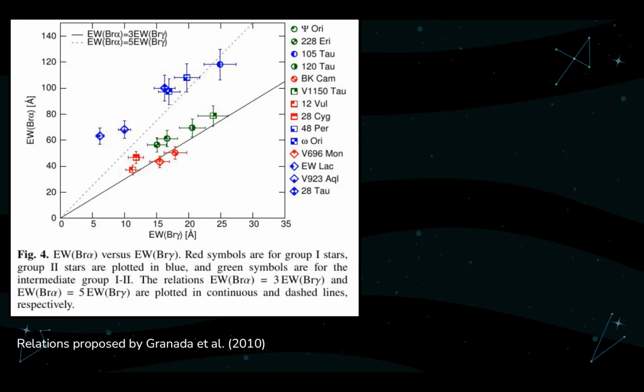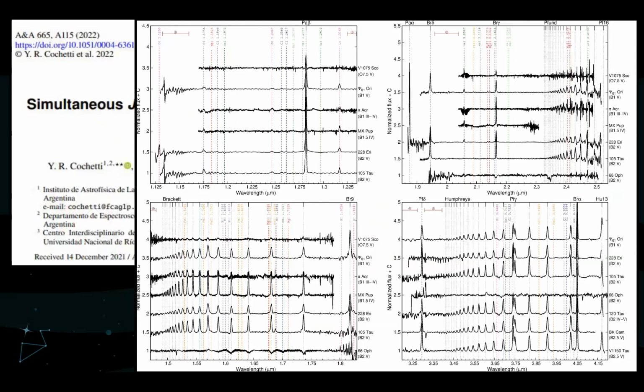Can we interrupt? Yeah. So what is Bra-alpha? Brackett alpha, the line, this one. So this is due to what transition?